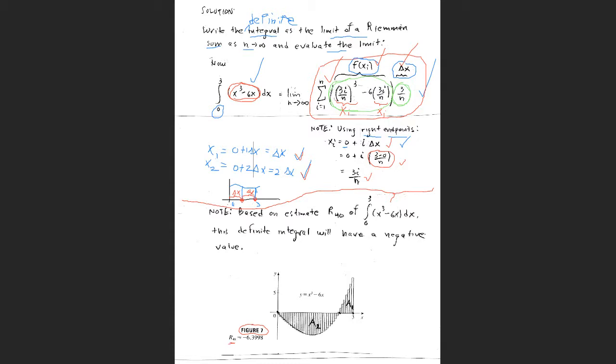And all they're doing is, if you have 40 subintervals, in this figure 7 you have 40 rectangles, and they're adding up the areas of 40 rectangles.